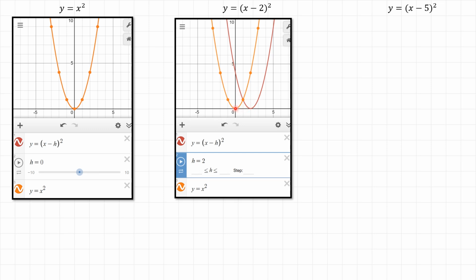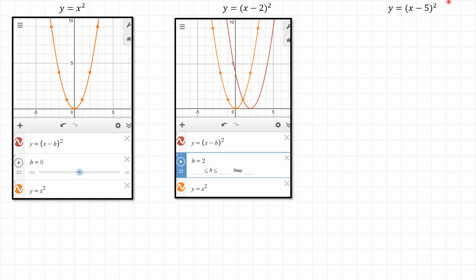And if I look at the vertex, I can see that the new vertex is 2 units to the right. And in fact, if I look at any other point here, like this one, I could see that 2 units to the right, that's where that point normally would be. So I seem to have a pretty good idea of where the main points are and how they've been moved. All been moved 2 units to the right.